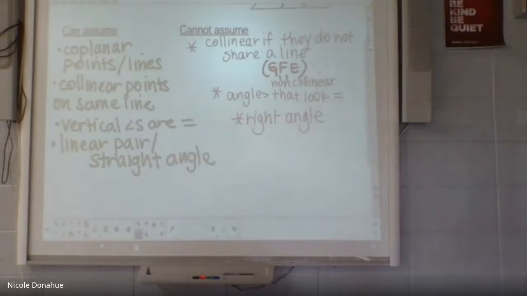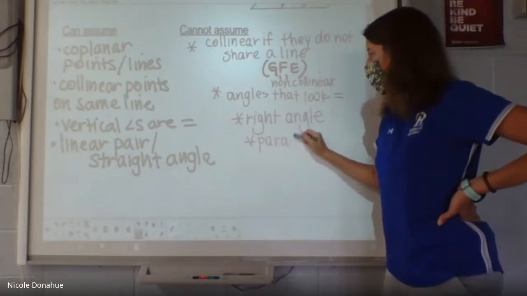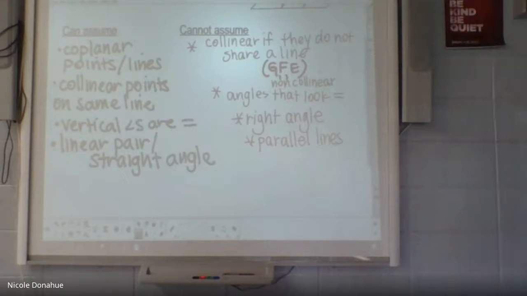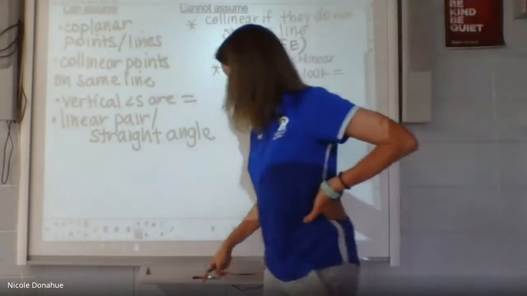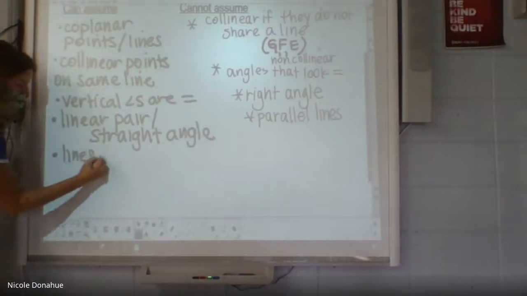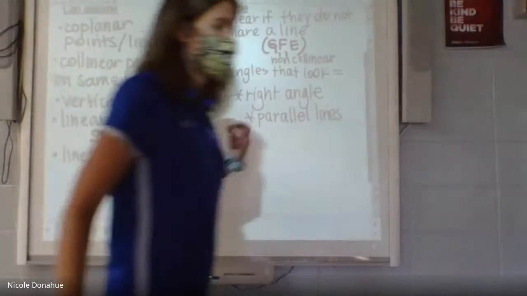It's got to have some sort of mark for you. Same thing with parallel lines. You can't assume lines are parallel. Just because lines look parallel, we can't assume they are. And finally, the last thing we can assume is that lines that look like they intersect do. I don't have to tell you that two lines intersect if it looks like they will intersect.